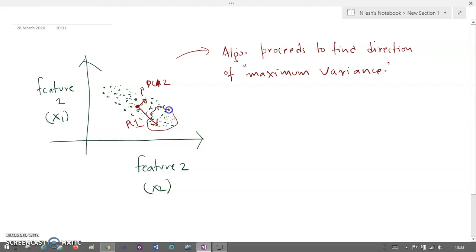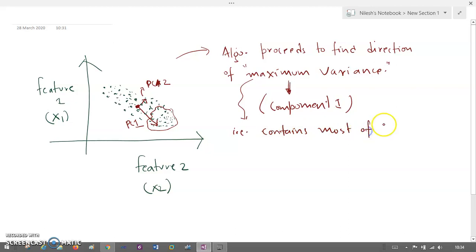There's so much information available in this area, so it takes the arrow here, and this is known as your principal component 1. This maximum variance direction is going to be your principal component 1. And when I say maximum variance, that means it contains most of the information.